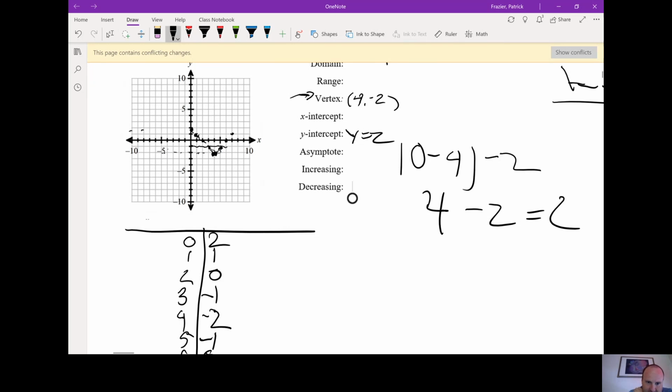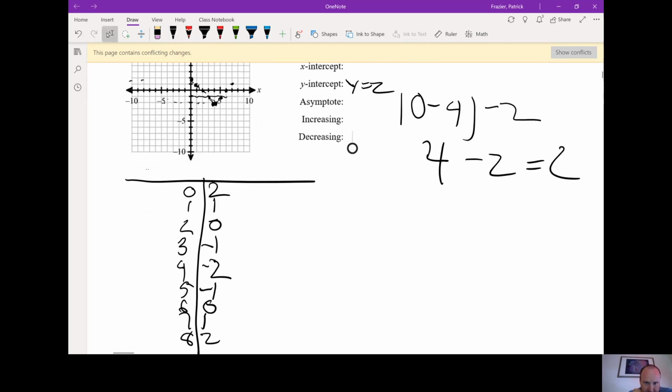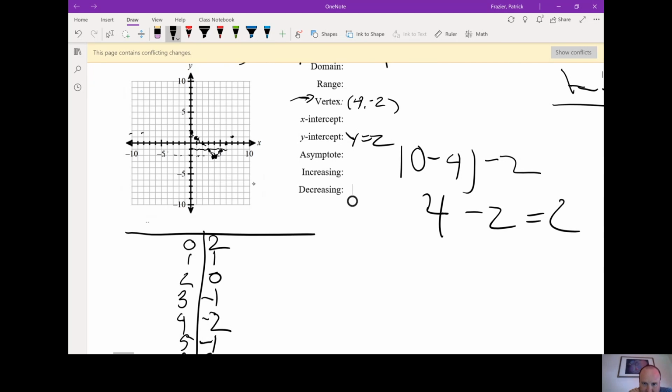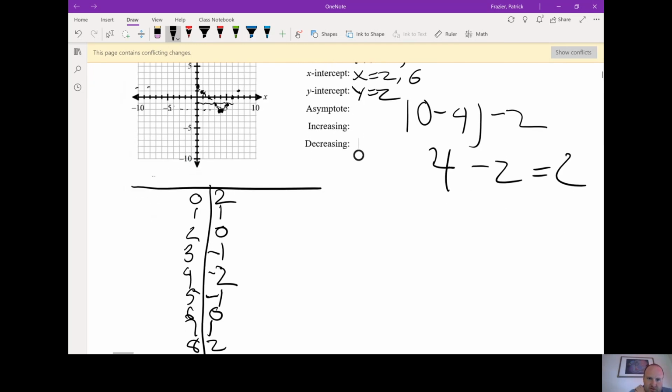We have two x-intercepts where the graph crosses the x-axis, at x equals 2 and 6. And then asymptote, there really isn't an asymptote. So none.